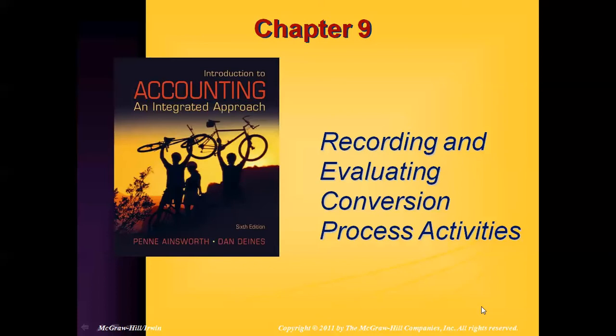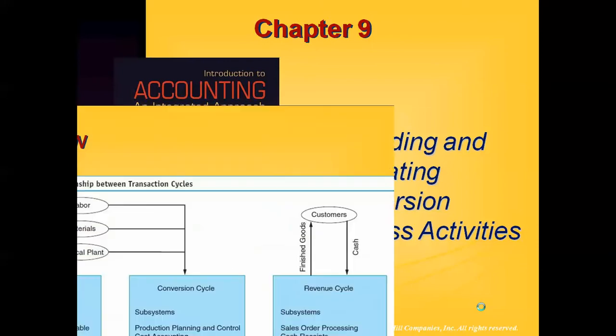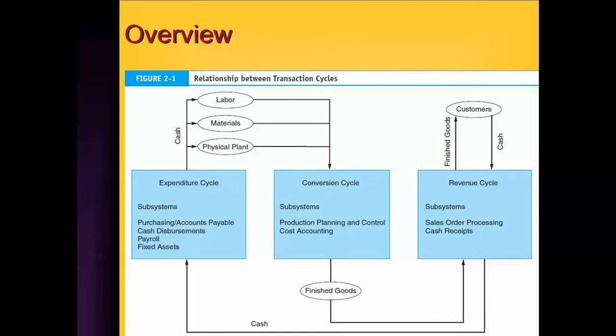But to kick things off, let's orient ourselves in terms of where we've been and where we're going. We've done the revenue cycle part of the business process, that's all about getting orders. The expenditure cycle we just completed in the last chapter, that's all about buying the stuff, hiring the people, and paying the people to make the orders happen.